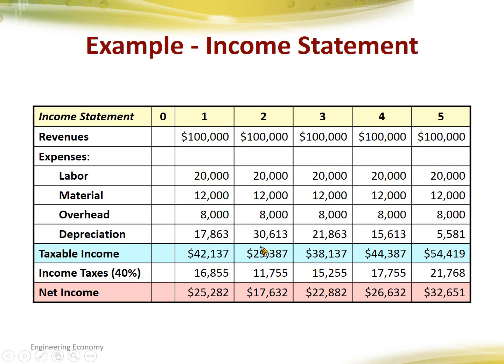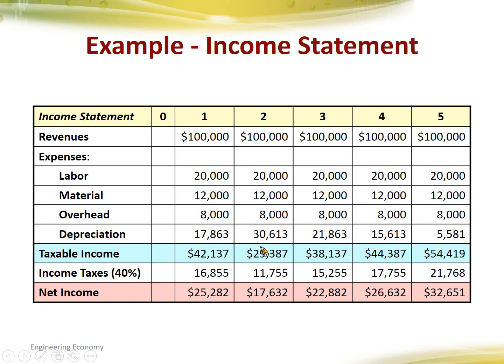These are the expenses. Other than depreciation, for all of the years, they are the same. For depreciation, we have computed for each year. And again, if you remember correctly, the last year we can only depreciate half of the depreciable amount. So we have 5,581, which is lower. And we do the subtraction, then we get taxable income for each year.